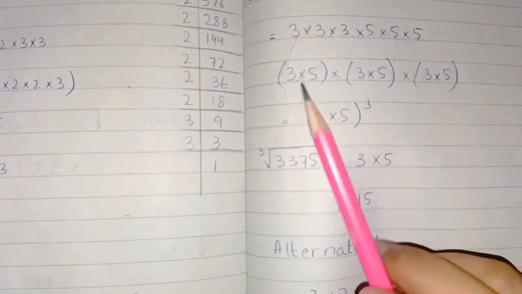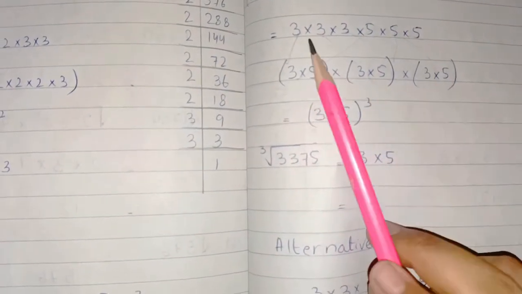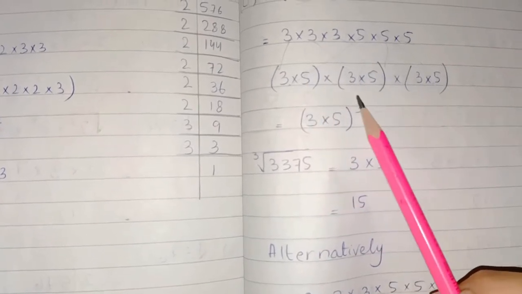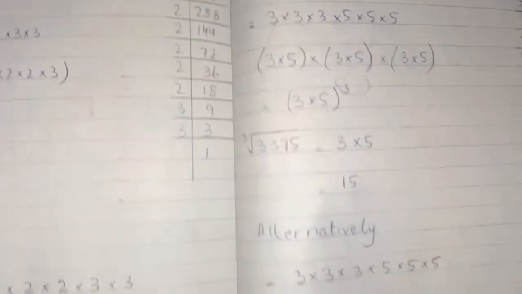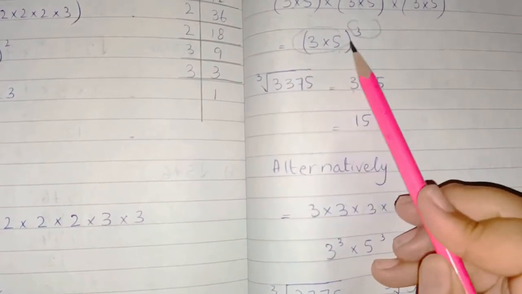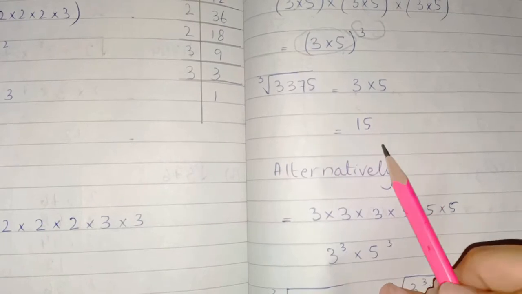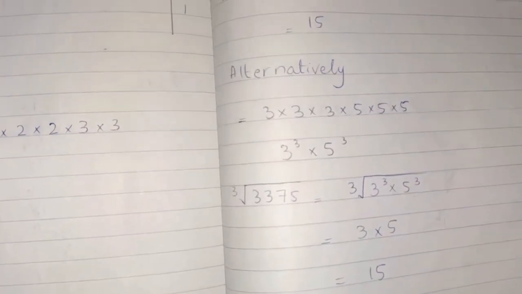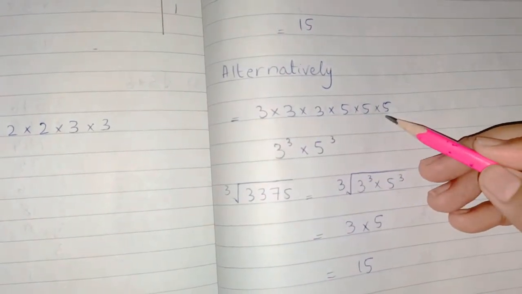So we make 3 groups of the factors, 3 groups of 3 and 5. So we are going to take only the common 3 and 5. 3 5s are 15.